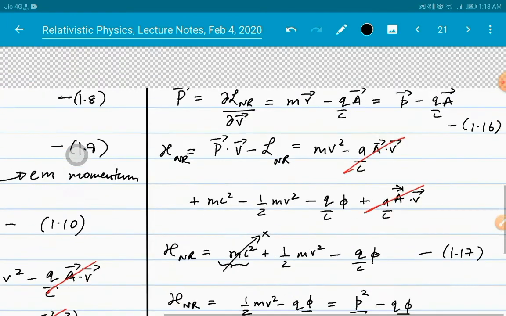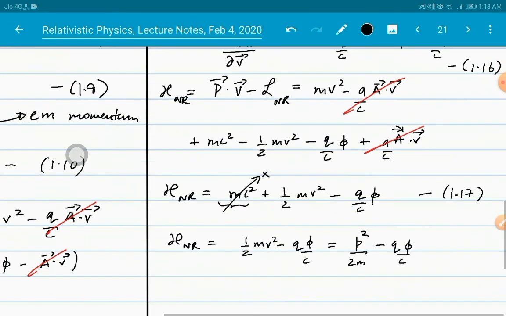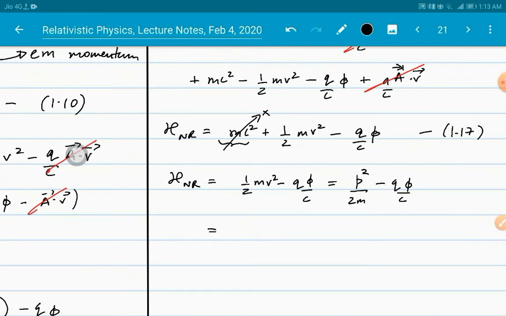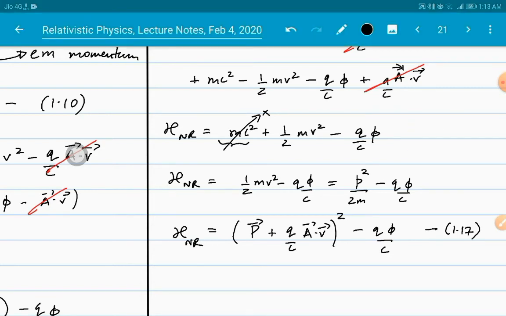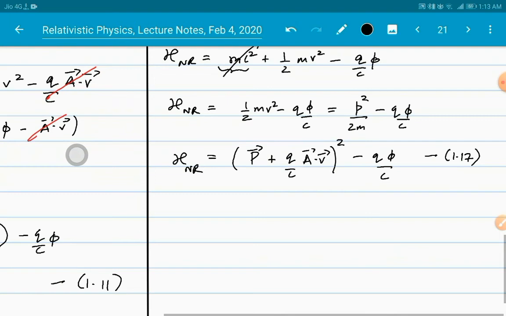And referring back to the expression for the canonical momentum, this can be written as the canonical momentum plus q by c A dot v squared minus q by c phi. So finally we are left with this expression for the Hamiltonian of a particle interacting with an electromagnetic field, and which is non-relativistic.